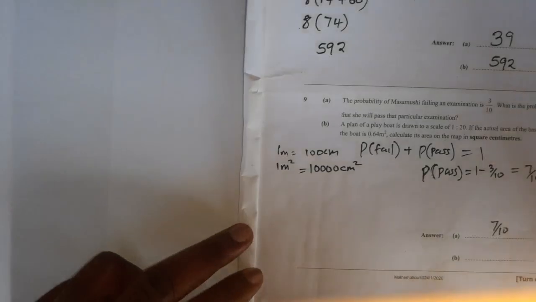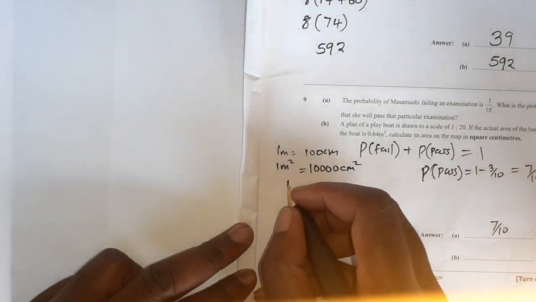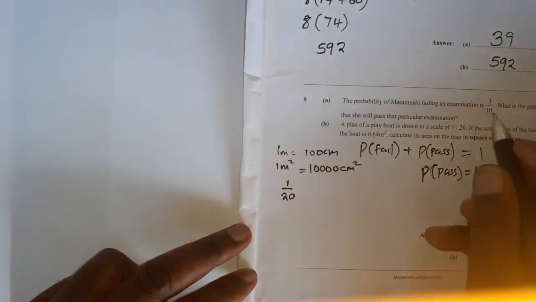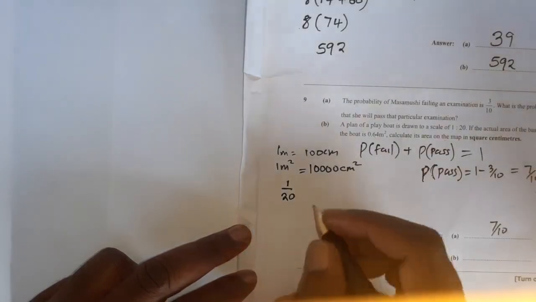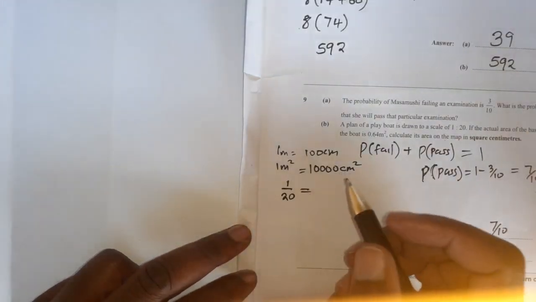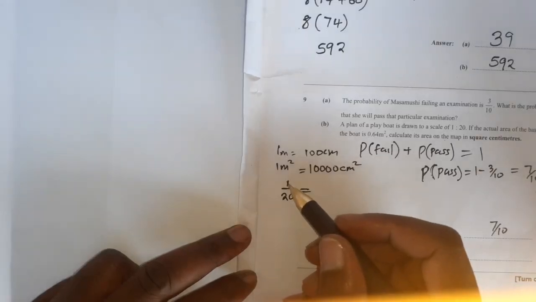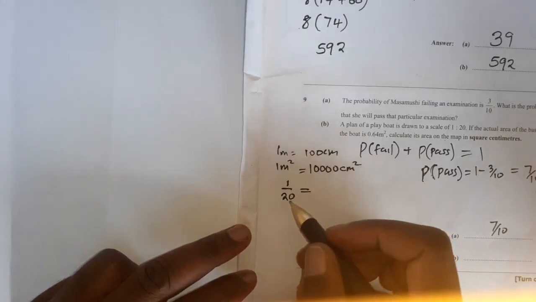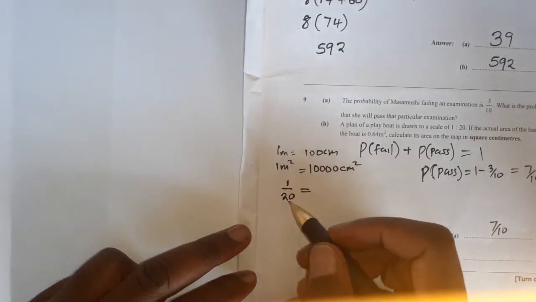So now we can come and do it. We have 1 over 20, which is the scale on the map. Remember, 1 centimeter on the map represents 20 centimeters on the ground. So this is on the map, this is on the ground.